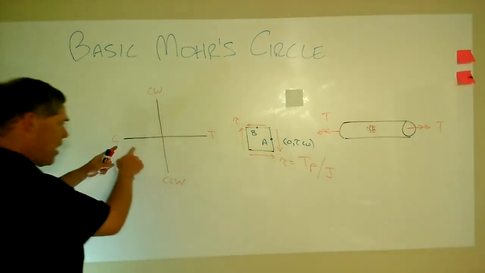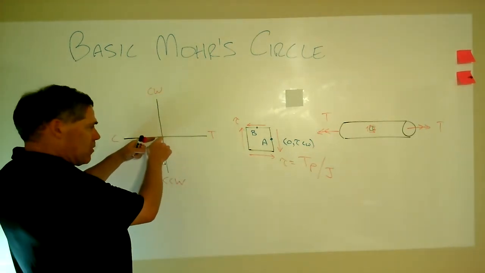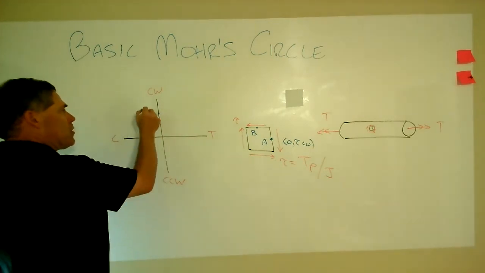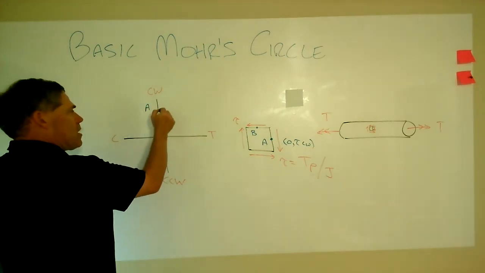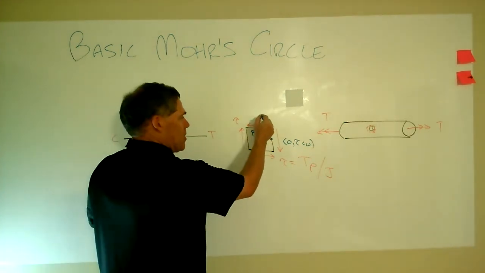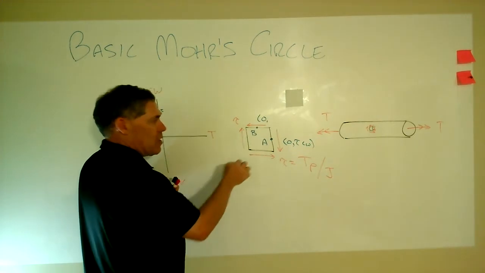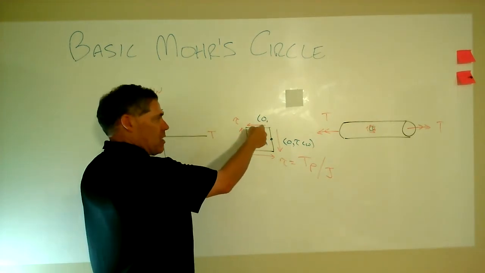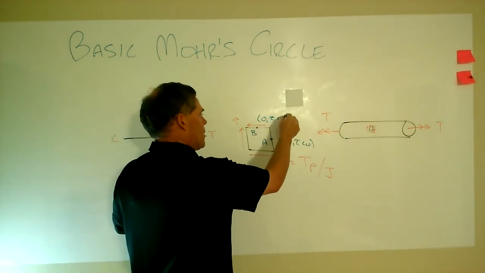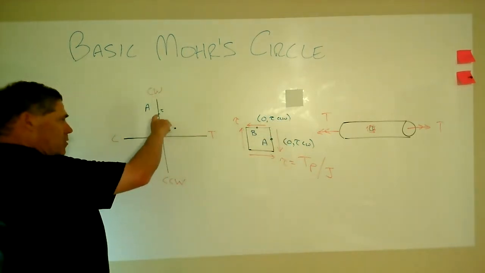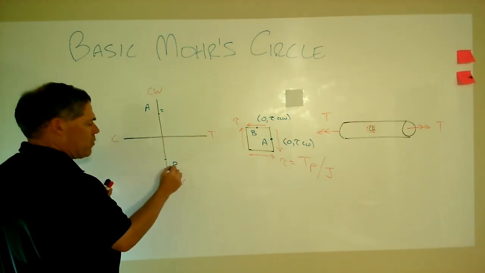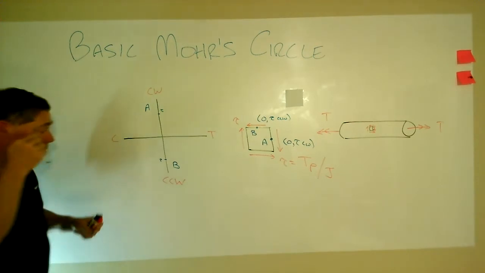So over here, A: zero normal, clockwise, there's your point A, and that magnitude would be tau. Over here at B, again no normal stress, and we've got a shear stress that wants to go the other way, so that would be tau in a counterclockwise fashion. Same amount, there it goes. And there's your point B, again at a value of tau.